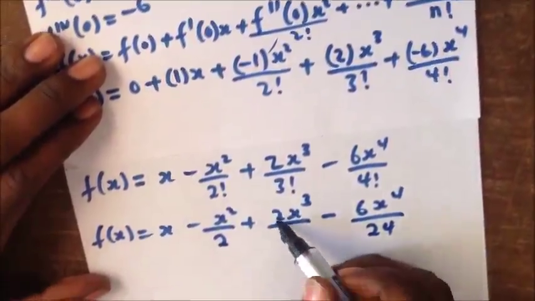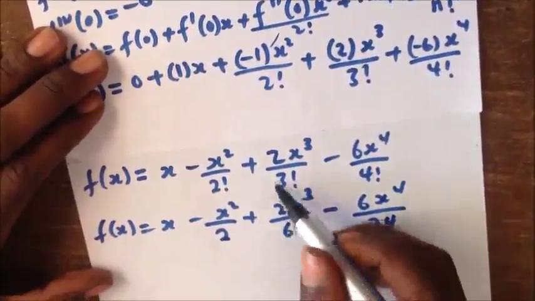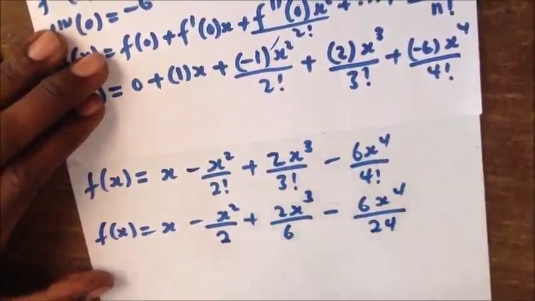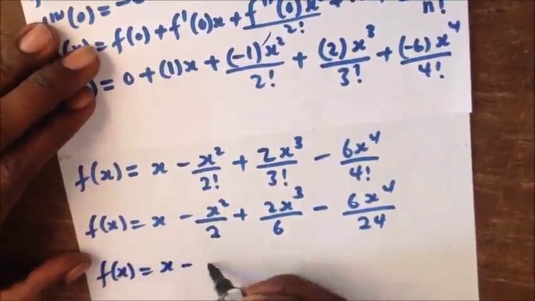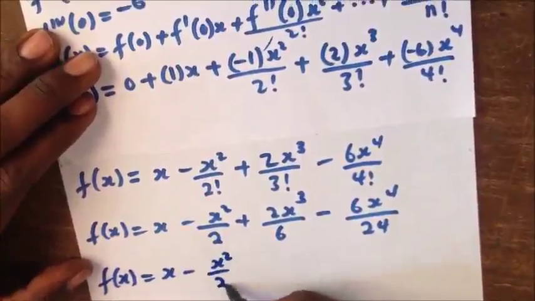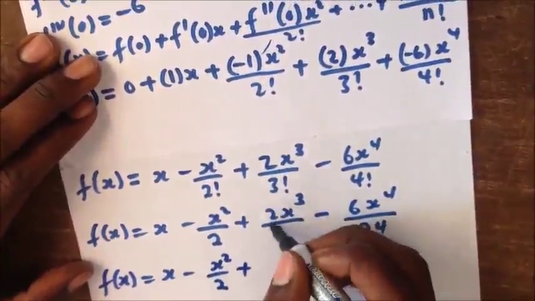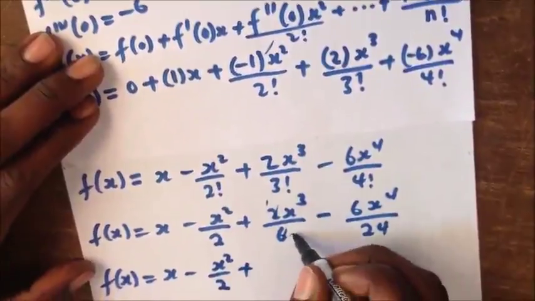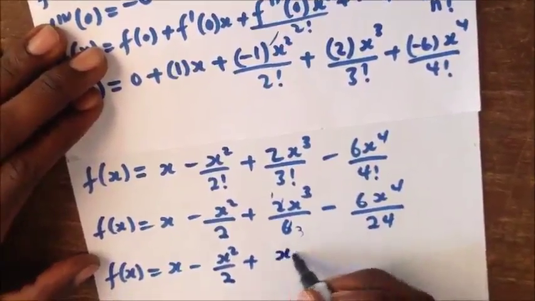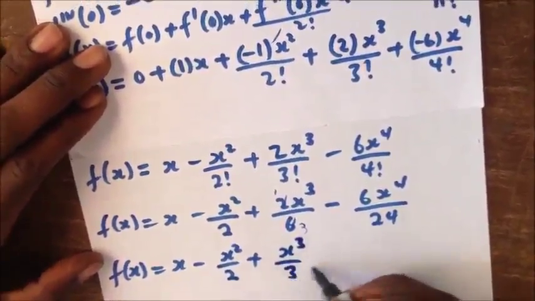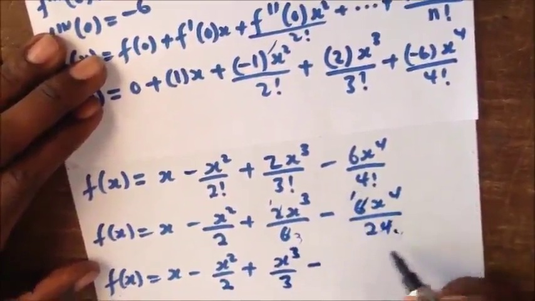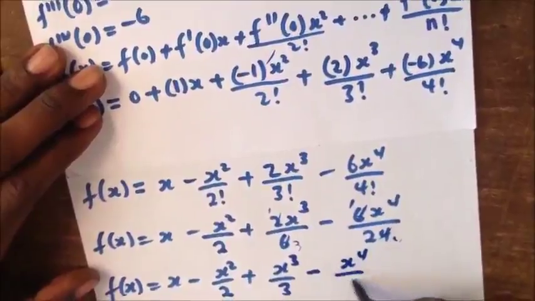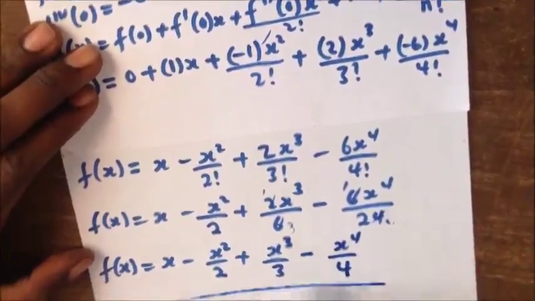Since we have 2 here and 2 here, and 6 and 6, they have common factors, so now let's reduce the numbers. Our f of x is equal to x minus x squared divided by 2, plus 2 over 6 reduces to x to the power of 3 divided by 3, minus 6 over 24 reduces to x to the power of 4 divided by 4. That's all.